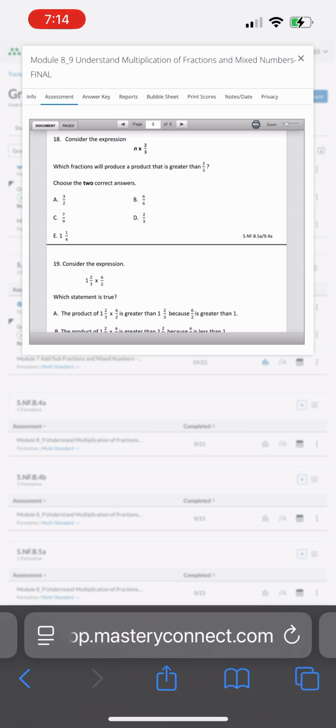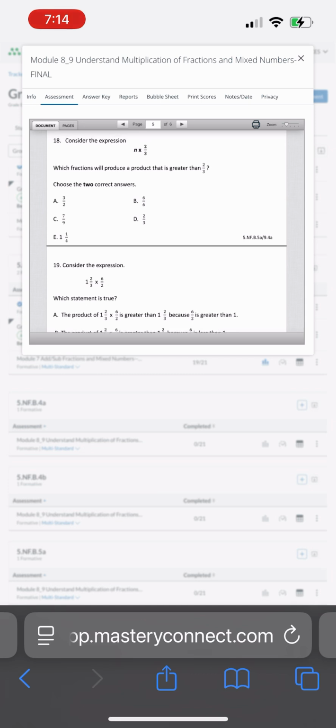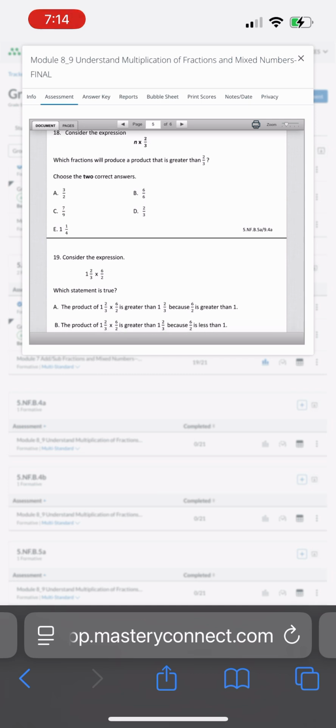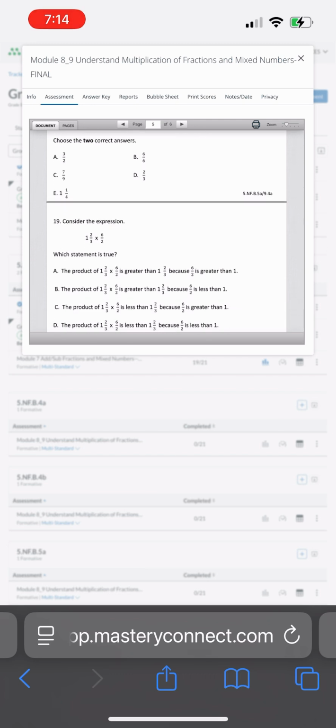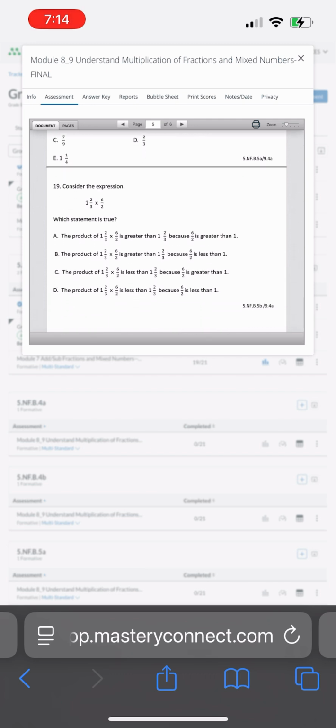A, 3/2. B, 6/6. C, 7/9. D, 2/3. E, 1 1/4.